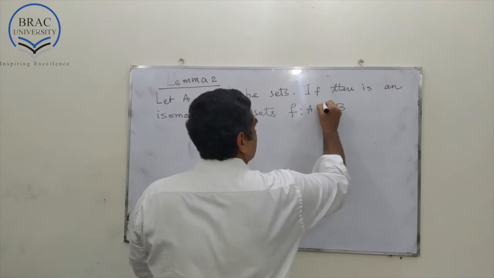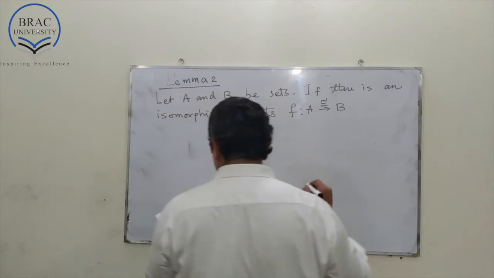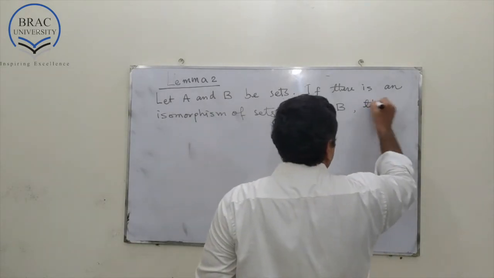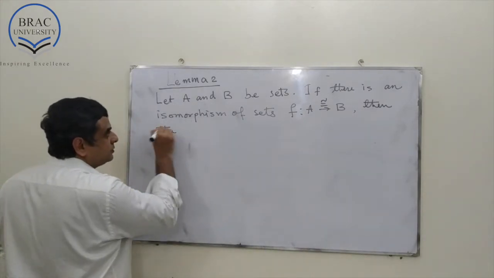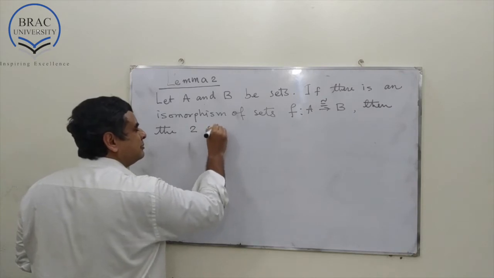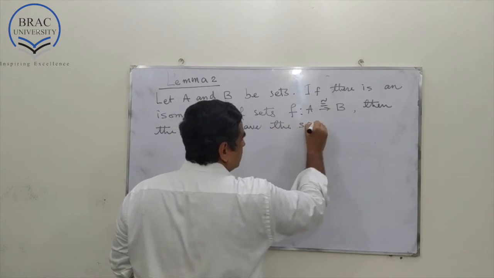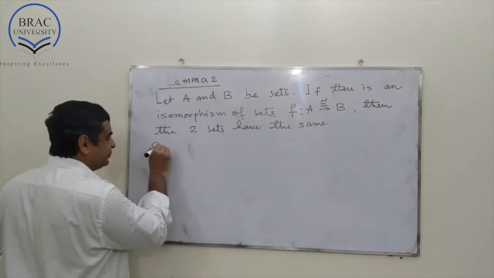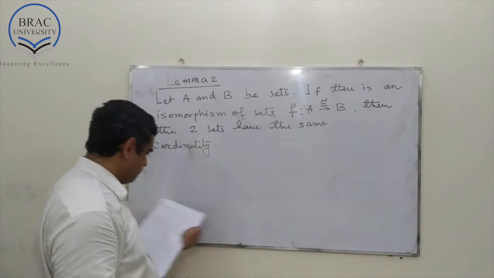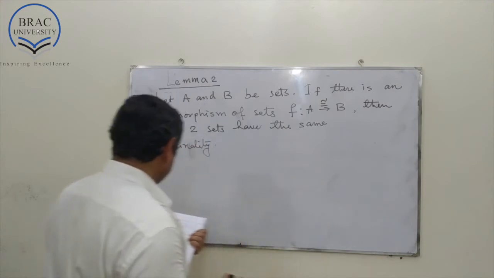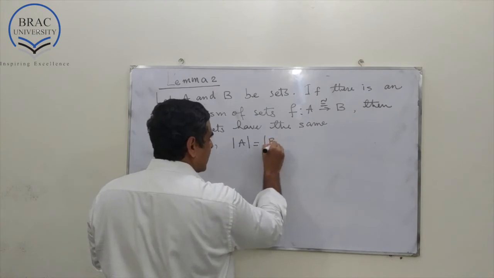You can also write it this way if you want. Then the two sets have the same cardinality. A very important result. Then the two sets have the same cardinality. One writes it as the cardinality of A is the same as the cardinality of B.